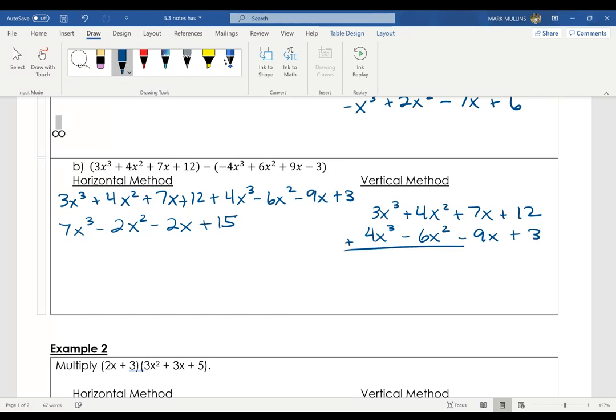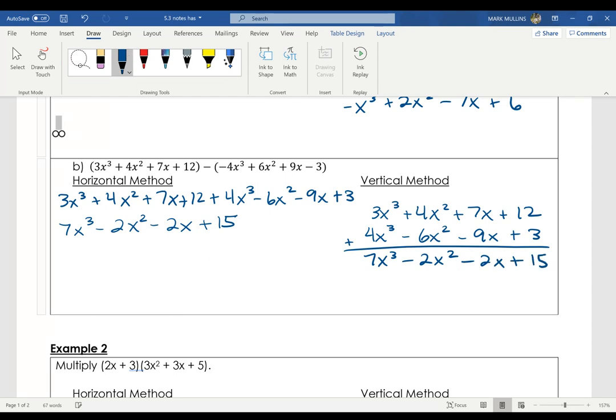I guess you'd really have to copy the problem and then change the signs. Or you could even have them maybe the opposite to start with and go through with a colored pencil or something and change them if you're copying right away in vertical format. So 7x cubed minus 2x squared minus 2x plus 15 again.